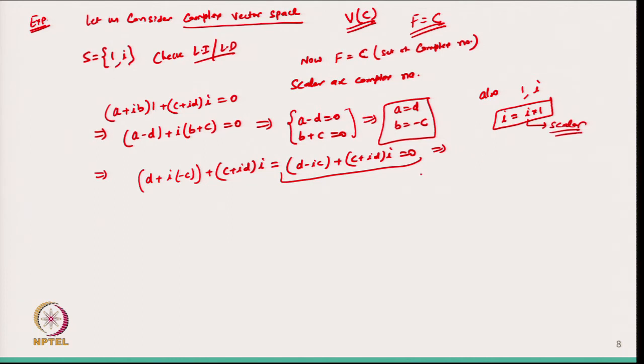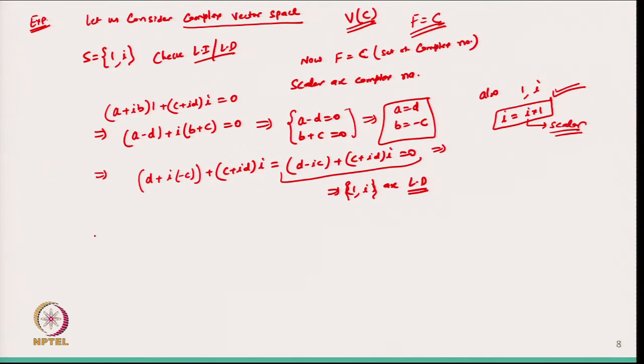So, from here you can also check that 1 and i are linearly dependent, because we need not do all this, we can also verify from here that one vector can be written as a scalar multiple of the other. So, in this case I will say that these two vectors are LD, 1 and i, they are linearly dependent.